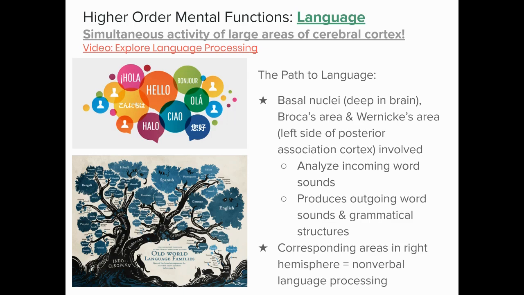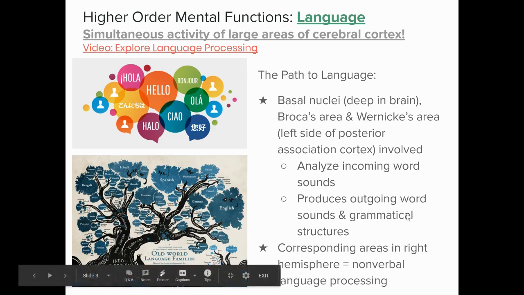Some of you might have had to have speech therapy because of your tongue, but that is all tied to your brain, the ability to use that tongue correctly as well. Ultimately, your brain controls everything. So what's coming in? What are those sounds coming in? And then what sounds are you going to produce, and the grammatical structures as well.